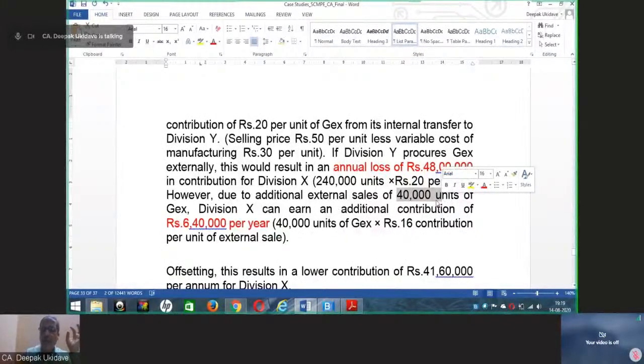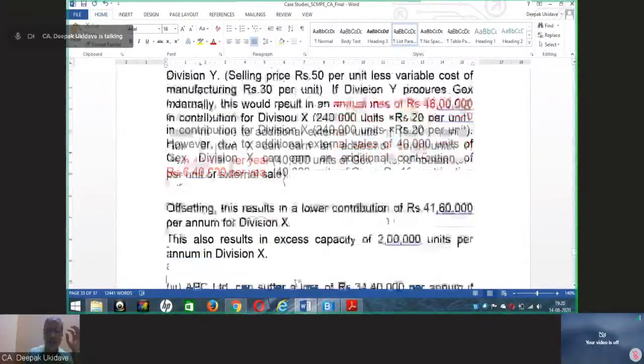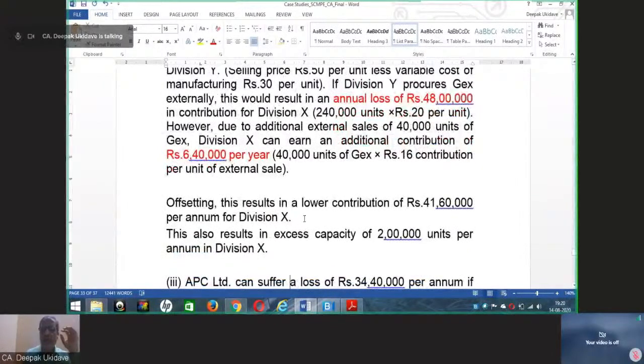So the additional contribution from external sales of 6,40,000 offsets the loss to some extent. 48 lakhs minus 6 lakh 40,000 gives you the lower contribution of 41 lakh 60,000. So this is the breakup of the 41 lakh 60,000 lower contribution.